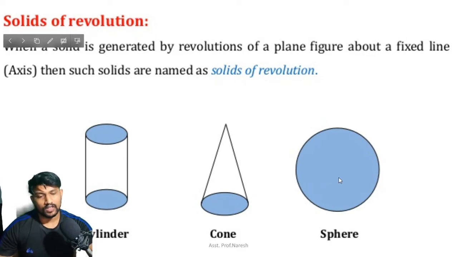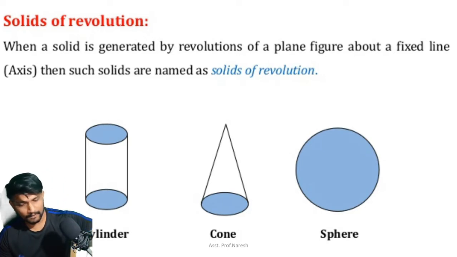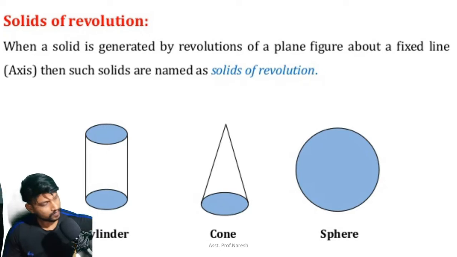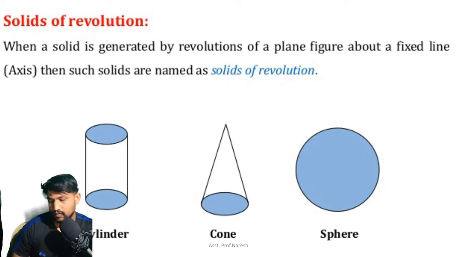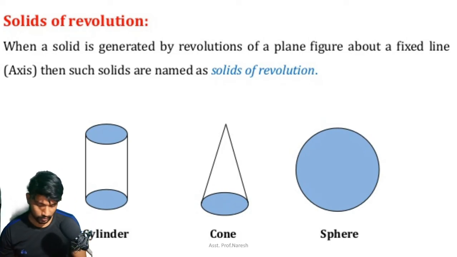Cylinder, cone and sphere. A cylinder can be generated, suppose I take this rectangular surface as an example.